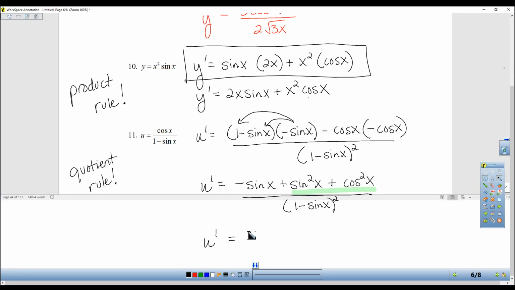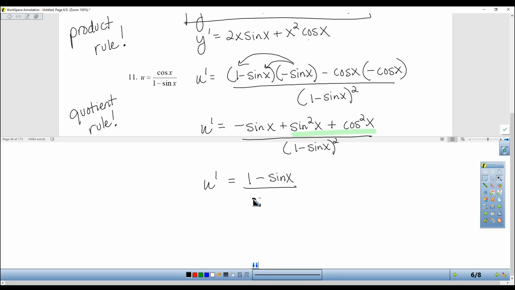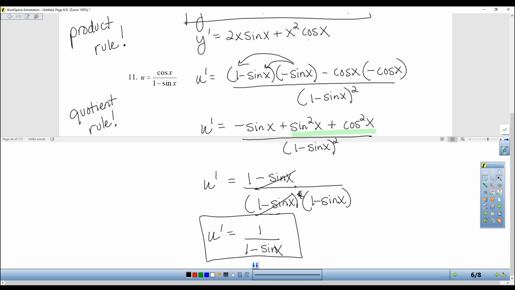So now I have 1 minus sine of x over 1 minus sine of x squared. So this entire 1 minus sine of x cancels with one of the two 1 minus sine of x on the bottom. And that gives me 1 over, don't forget that 1 over. We still have things on the bottom here. 1 minus sine of x. If you tried it on your own and you got it right, good for you.